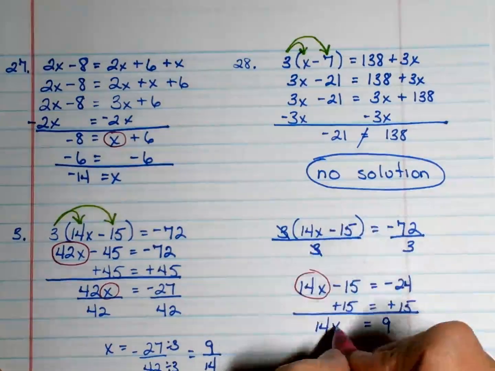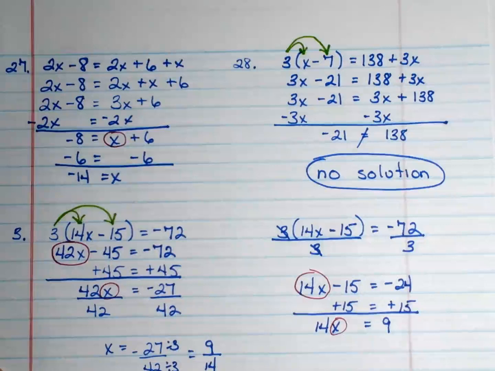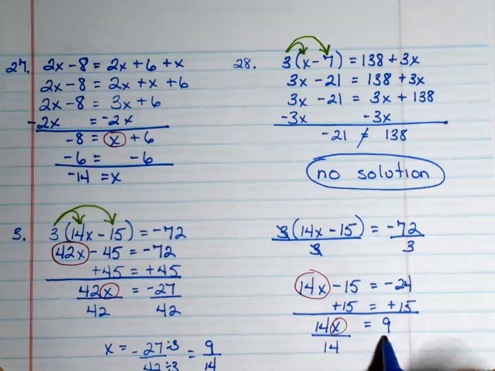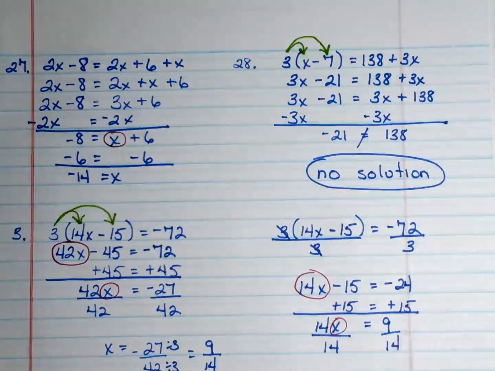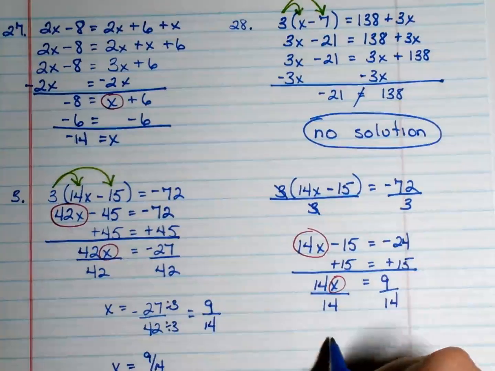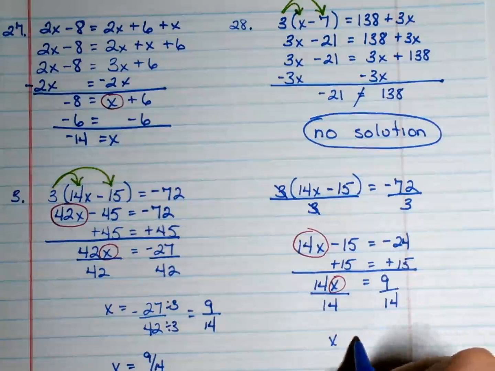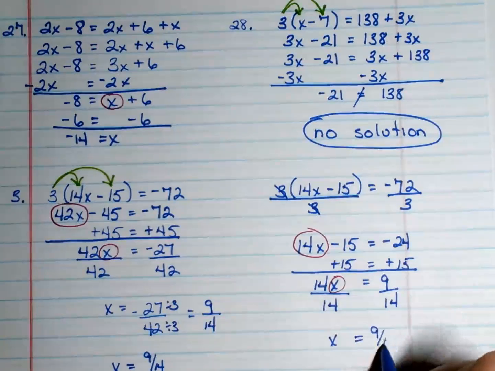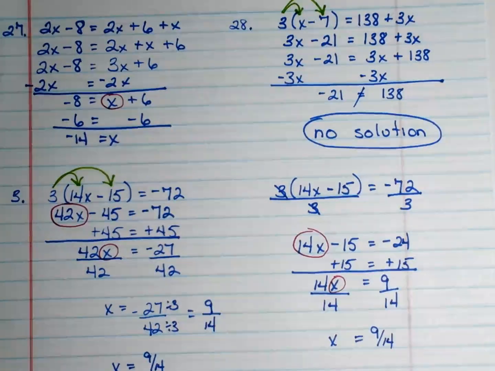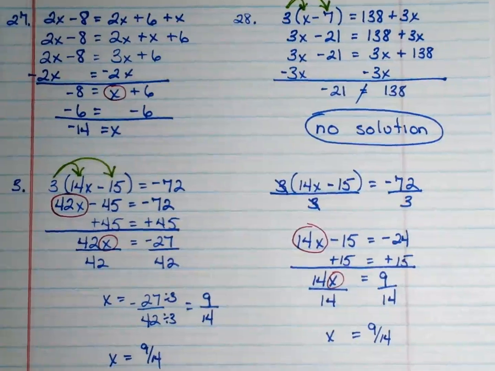And then to get rid of that 14 and isolate that x, I have to divide by 14, divide by 14, and I wind up with x equals negative 9/14. So I got the right answer both times. I got the same answer, I just got there a different way.